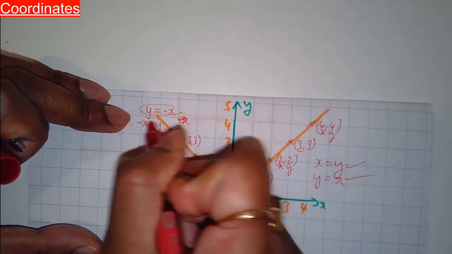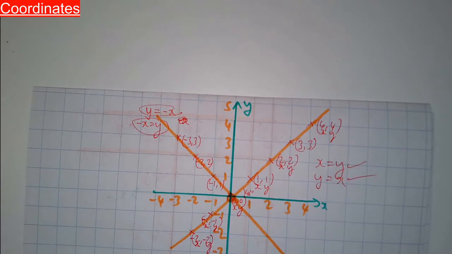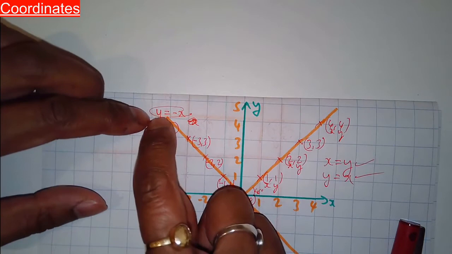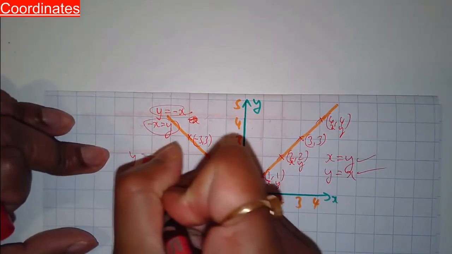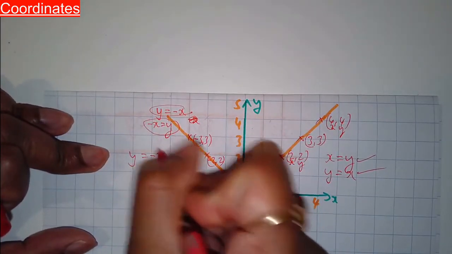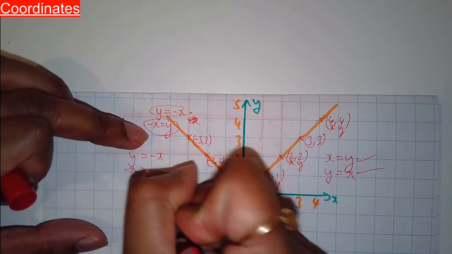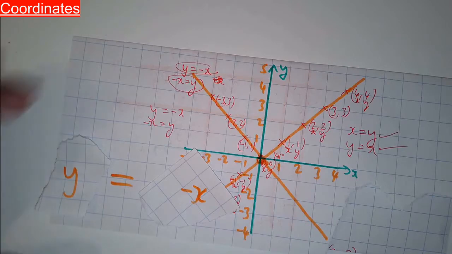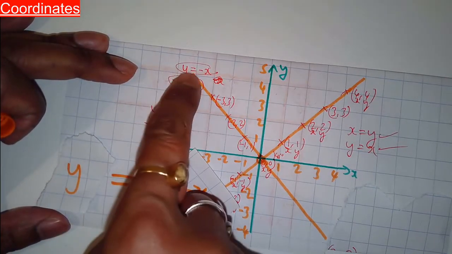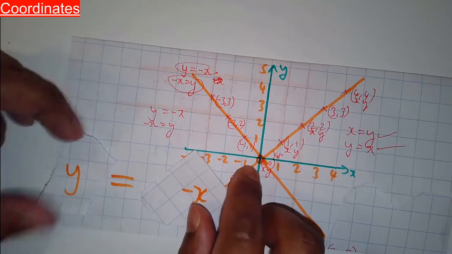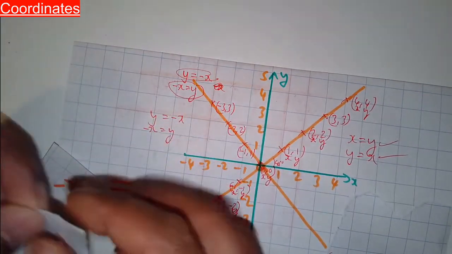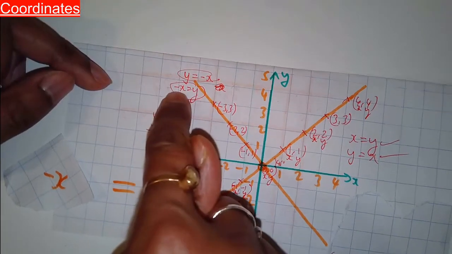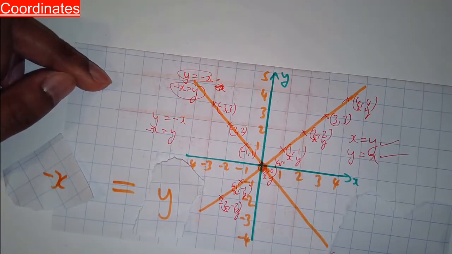This thing here is the same as this. The only difference is they've been swapped around. So if I've got y equals minus x, if I swap them around, you get the same thing. Minus x is equal to y. That's what that line is.